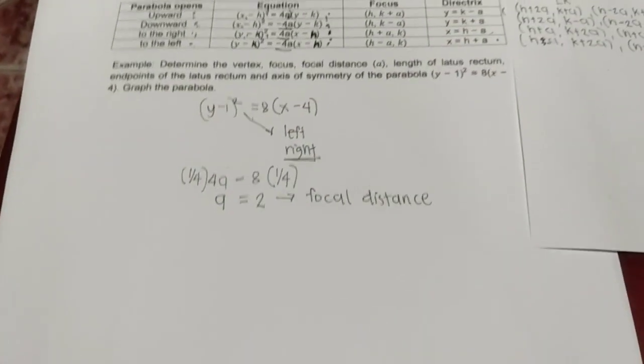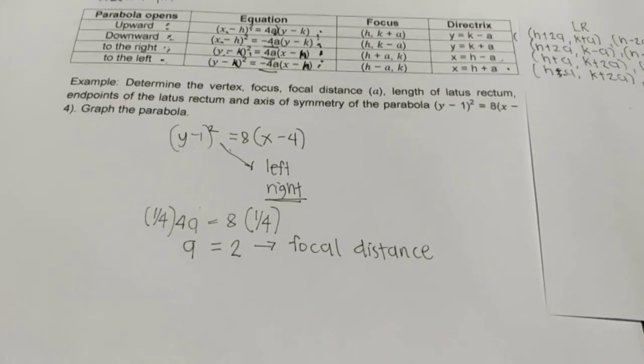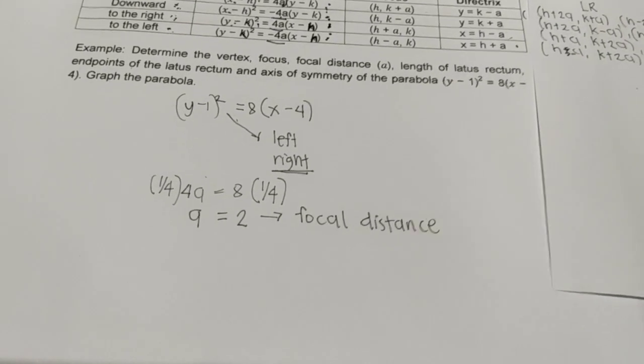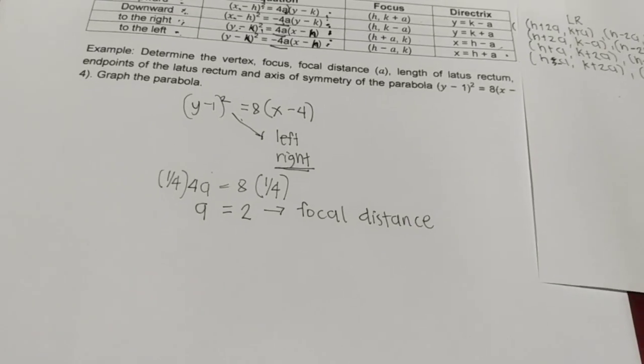Next, we are going to determine the vertex of the parabola. The vertex of the parabola is (h, k).